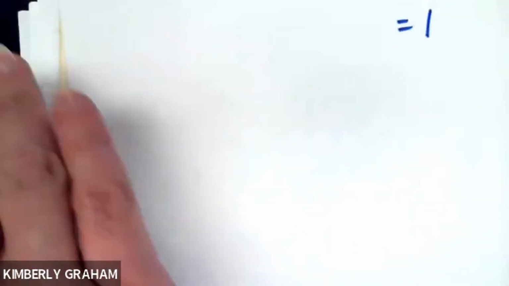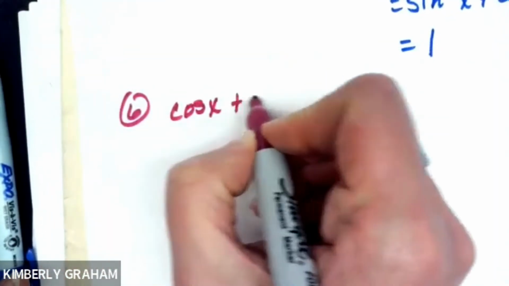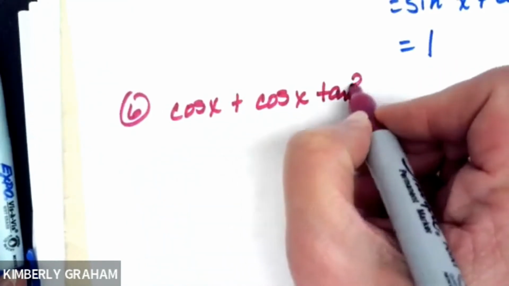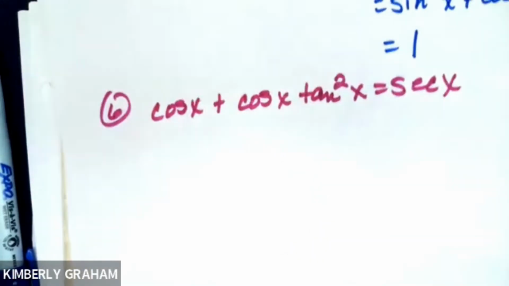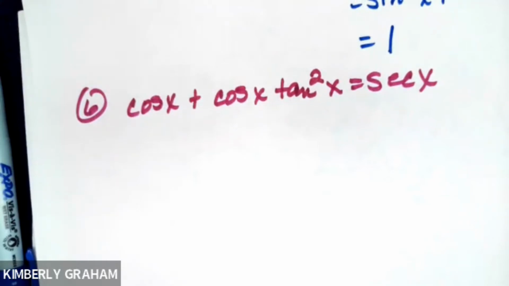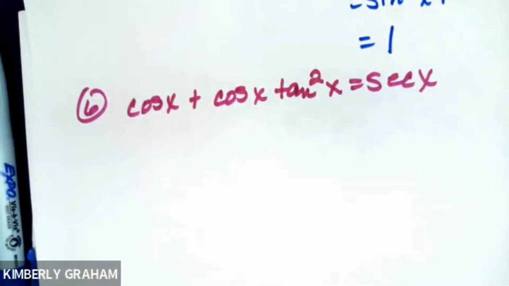Okay, problem 6. Cosine x plus cosine x tan squared x equals secant x. Again, you're going from 2 different terms to 1 term.